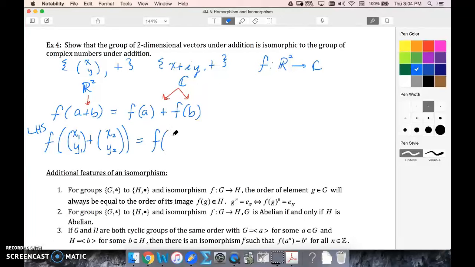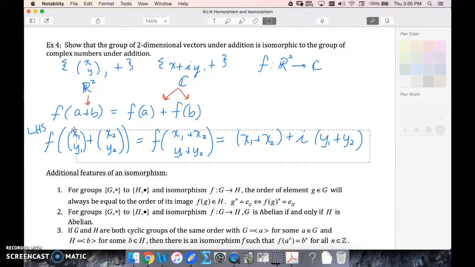That's going to give me f of x1 plus x2, y1 plus y2. And then if I map that into the complex numbers, I'm going to have x1 plus x2 plus i times y1 plus y2.